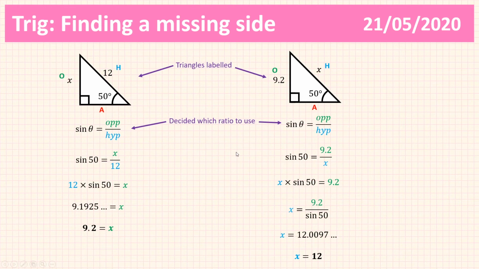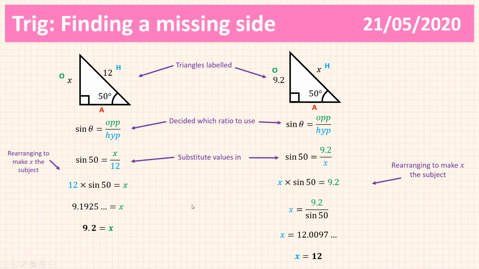The third thing that they've done is substitute in the values that they have. The next step has been that they've rearranged to make x the subject. Now, on the left-hand side, the rearrangement is super easy because they just multiplied both sides by 12 to rearrange it. So then multiplying both sides by 12 makes x the subject of this equation. However, on the right-hand side, they've had to do two steps.